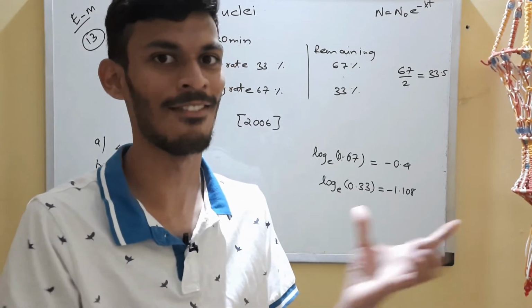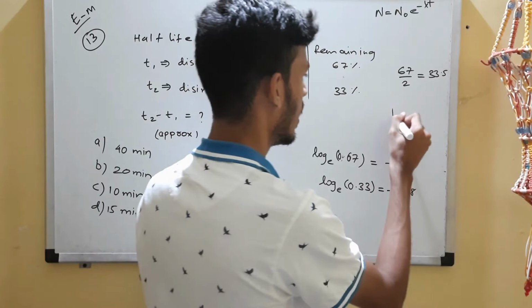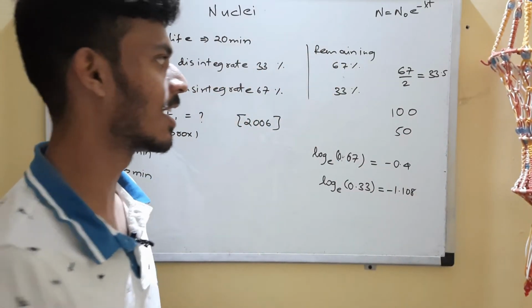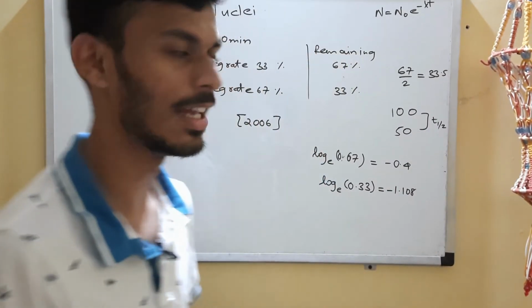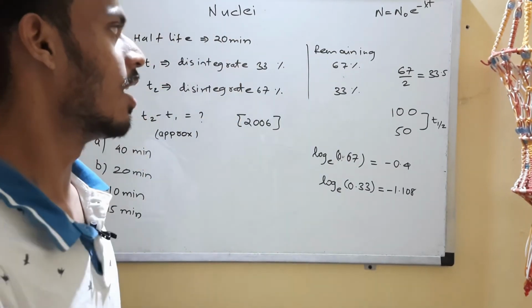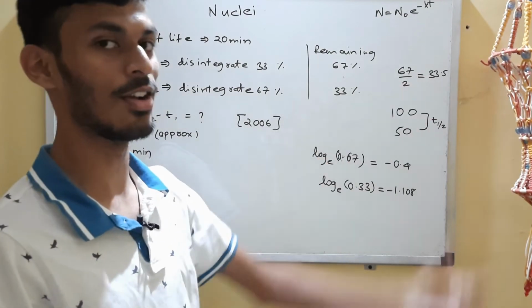Basically it's half-life. So the initial concentration, suppose it's 100, in this interval becomes 50. It falls by half, so the time taken for this will be nothing but T half. The concentration falls from 67 to 33, so basically it's kind of a half.